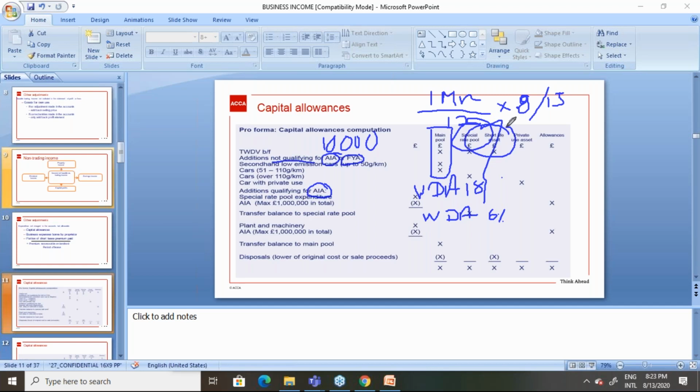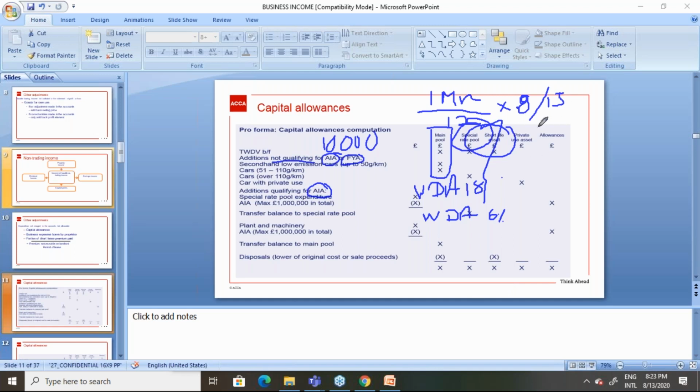That is, if you have bought the asset with the intention of selling it within a period of 8 years, in that case, you treat it as a short life asset without including it in the main pool. You can maintain a separate column only for that asset.